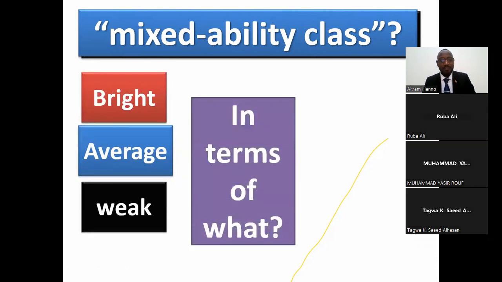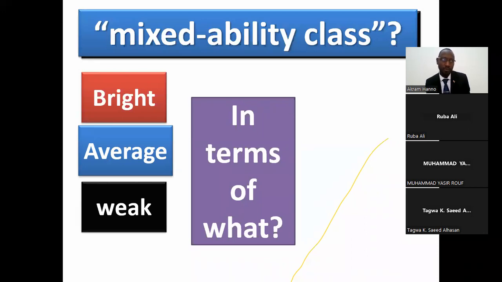For me, sometimes I don't prefer to use the last word, which is weak, because according to psychologists and psycholinguists, this word is a bit offensive, or insulting in other words.